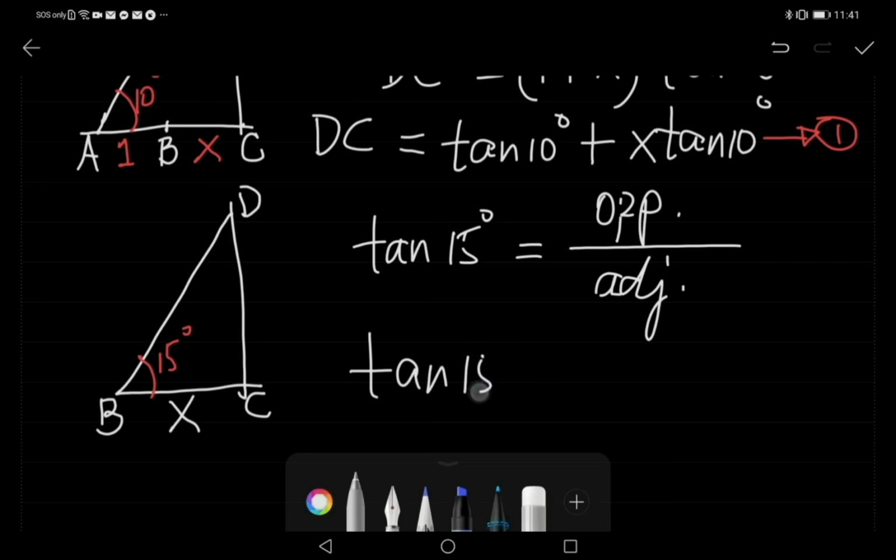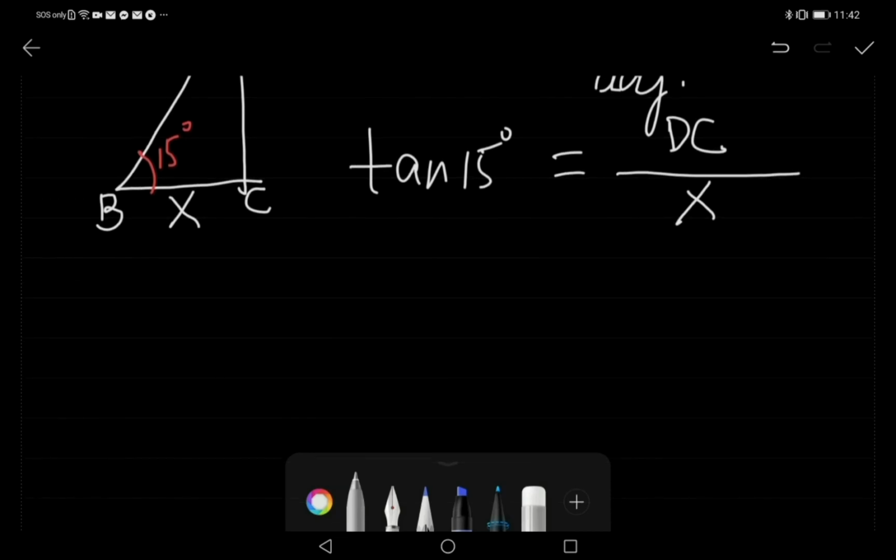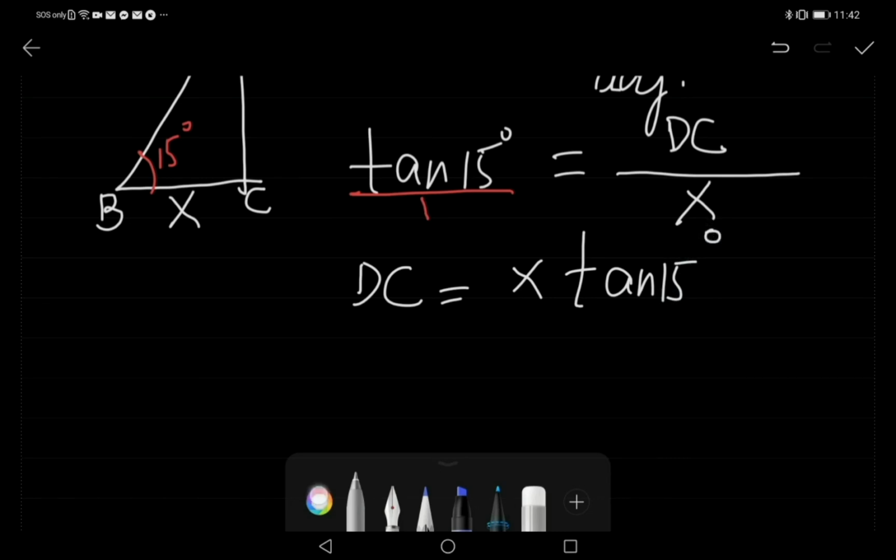So tangent 15, opposite is DC, and adjacent is X. So we will cross multiply. This one is understood as 1. So DC is equal to X tangent 15 degrees. And this is equation number 2.